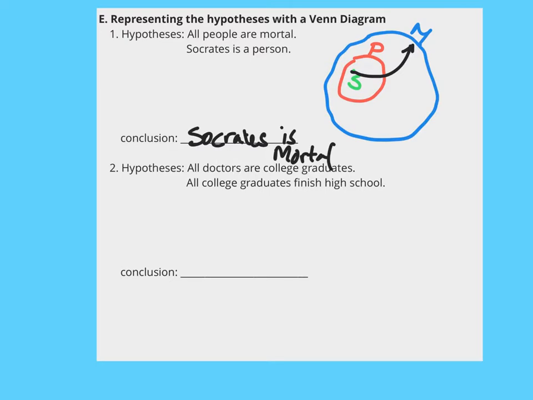So let's look at another one. In problem number 2, we are looking at two hypotheses that deal with doctors. It says all doctors are college graduates. So we're going to have a very large group here that represents college graduates.